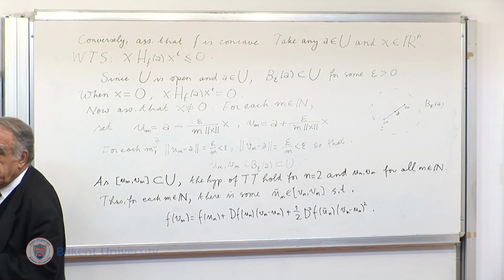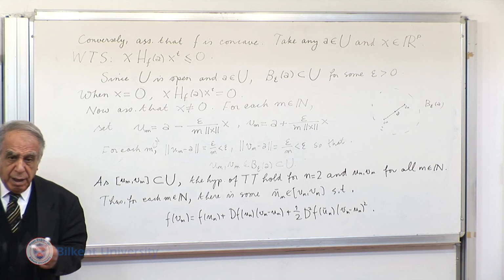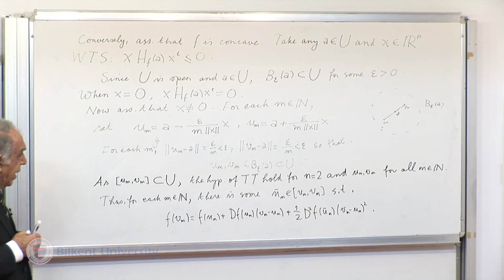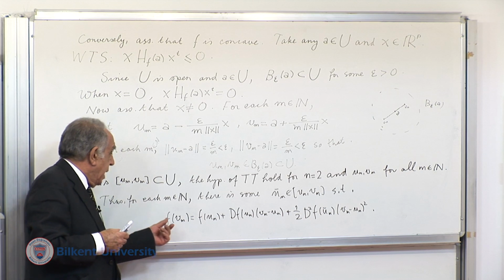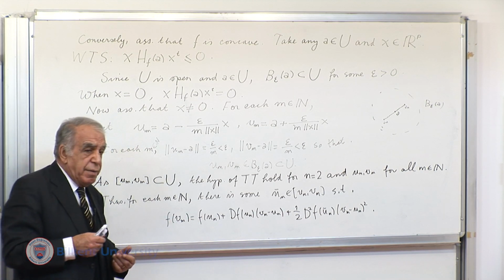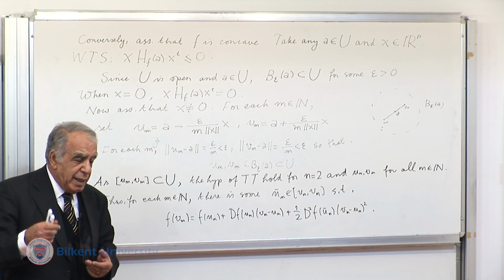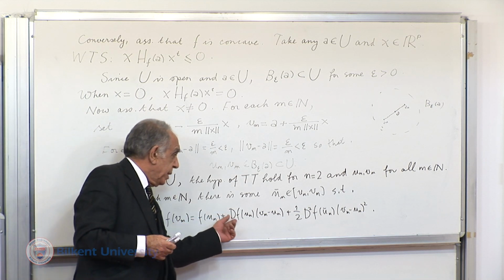Now we can use the concavity of the function f. Thus, for each m, we have that f of Vm minus f of Um is less than or equal to this derivative.